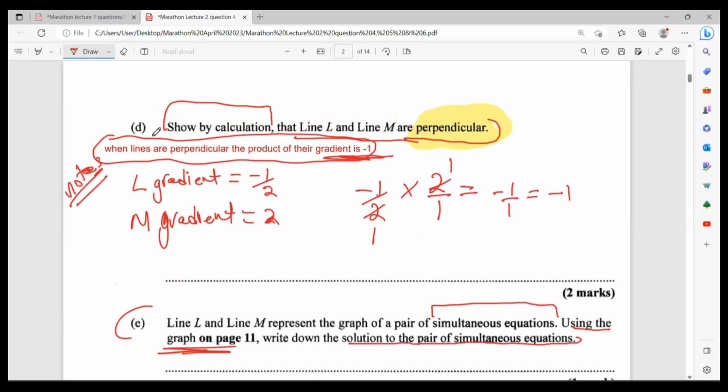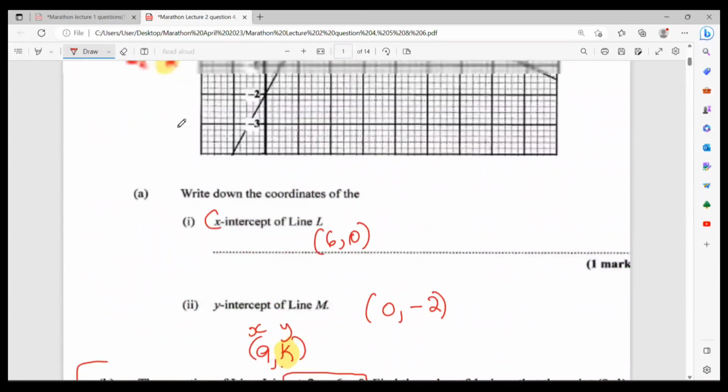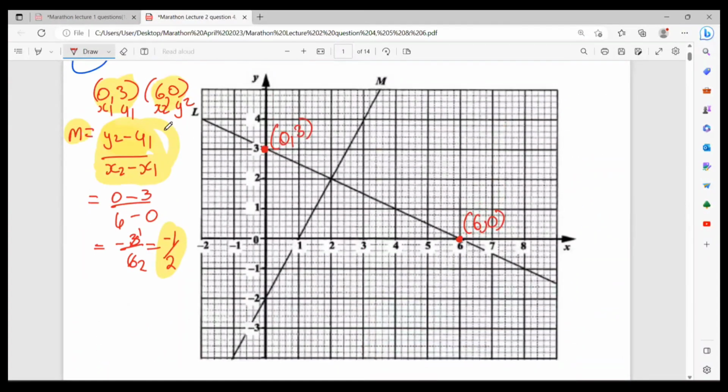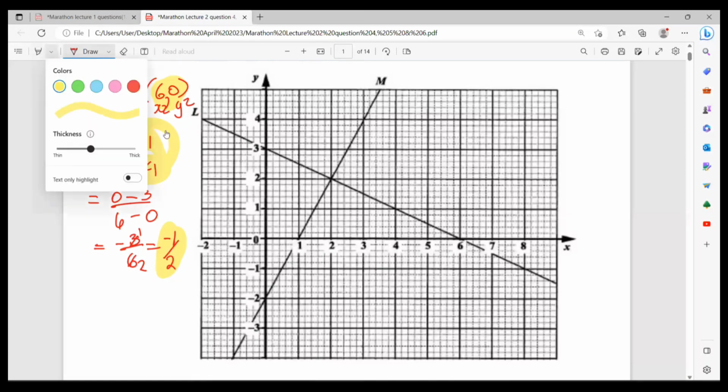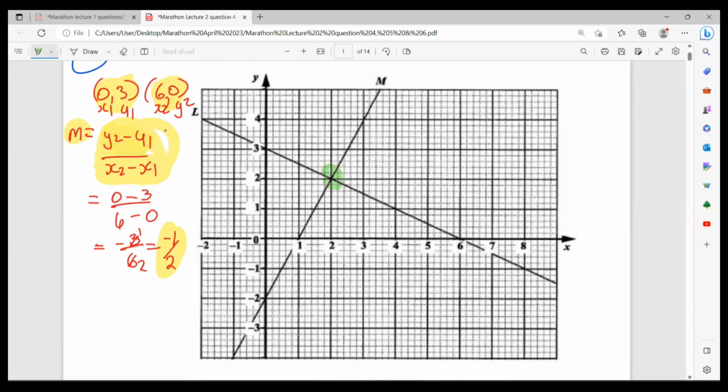So the only thing is you need to understand, by looking at a graph and you see lines on it, what is the solution? Guys, whether you're doing simultaneous equations or any graph, the solution is where the two graphs cross, as long as they cross path, like right here.